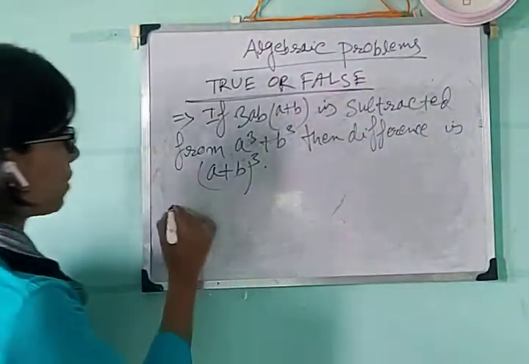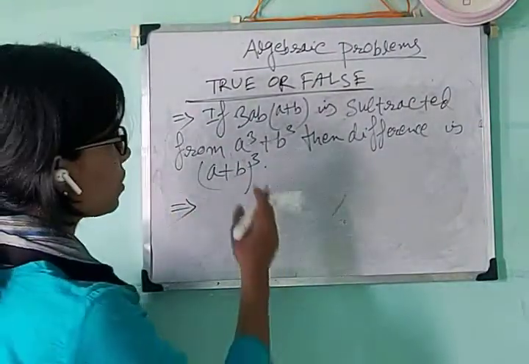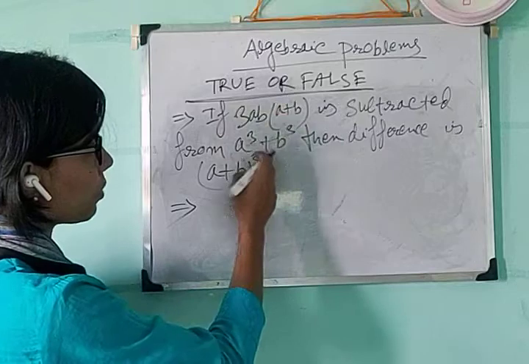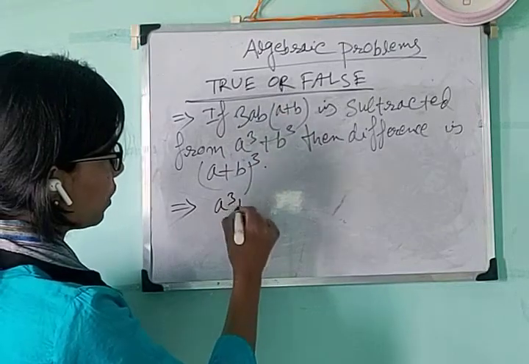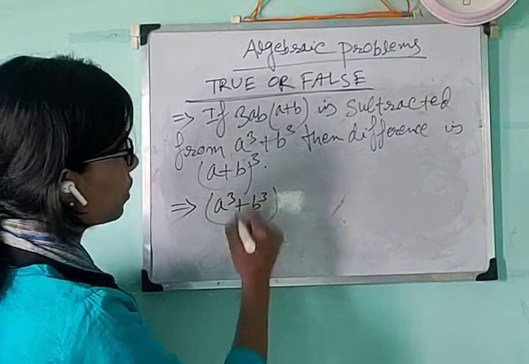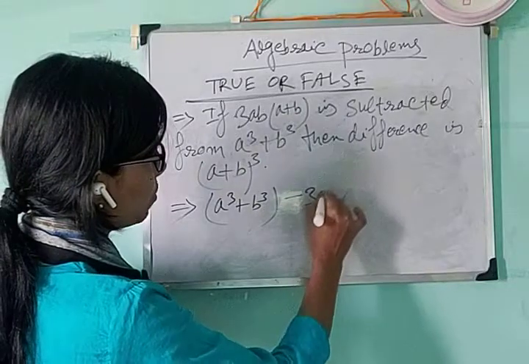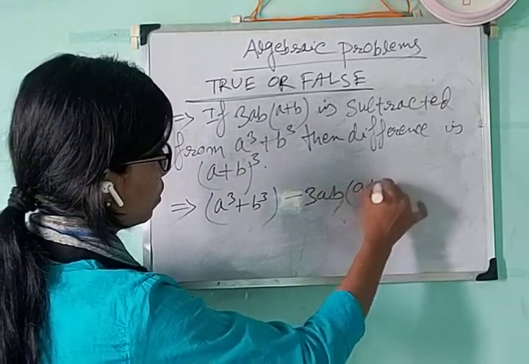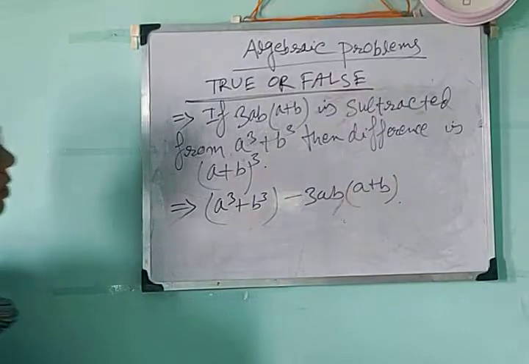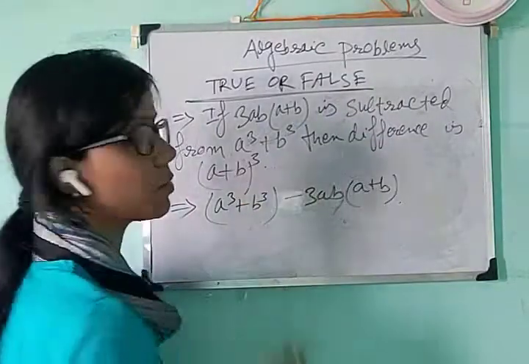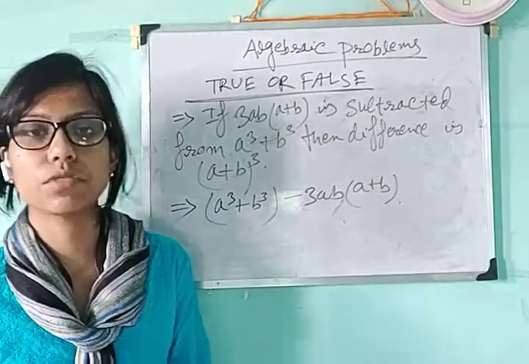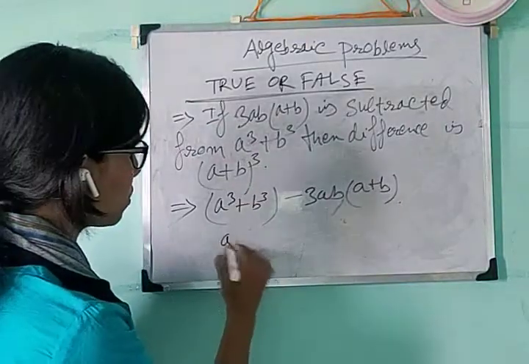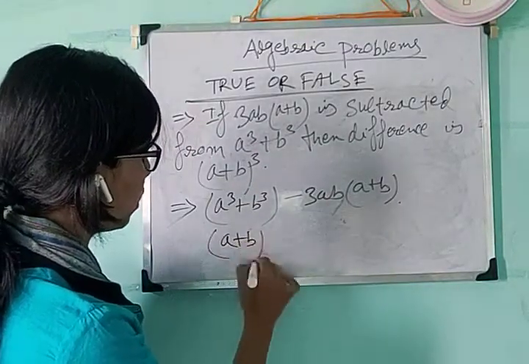First, subtract 3ab into a plus b from a cube plus b cube. Now they are saying that the difference would be a plus b whole cube. So what is the formula?